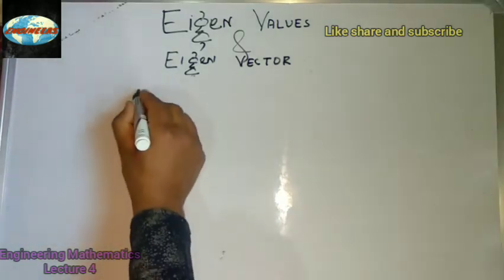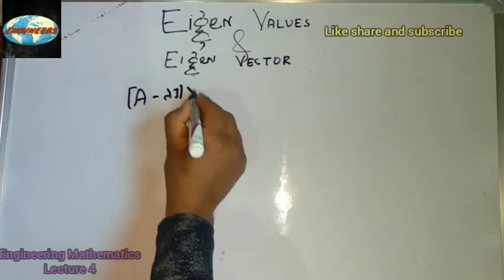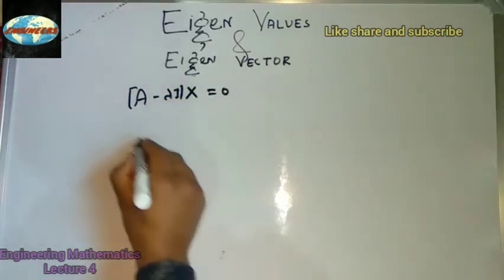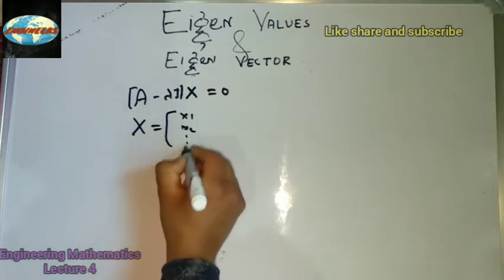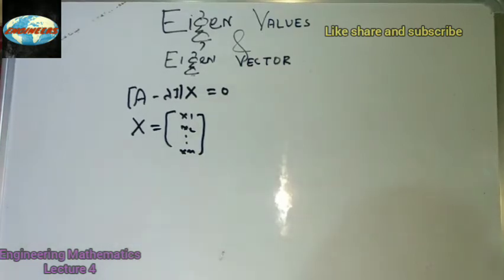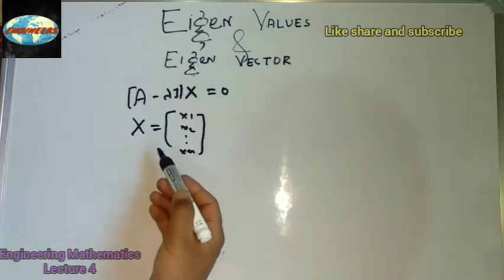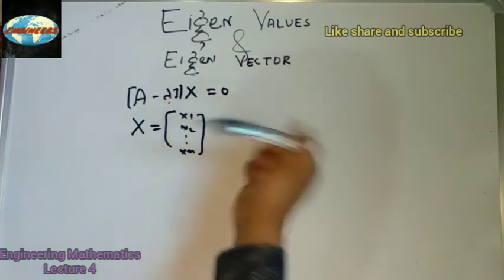So A minus lambda I, that is the coefficient matrix, into x equal to 0, where x is some x1, x2, and so on, xn. This is nothing but an eigenvector. This we have to find. Eigenvalues we know are the roots of the characteristic equation, and after that, for each lambda there will be one eigenvector.